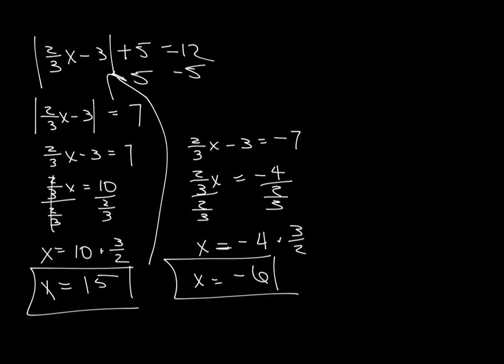Alright, let's go to example number 4. I'm going to go ahead and make my pen a little bit smaller so I can write smaller. Can the absolute value of a number equal a negative number?